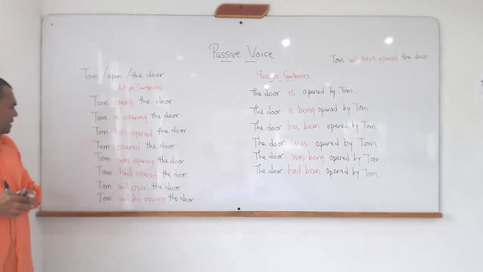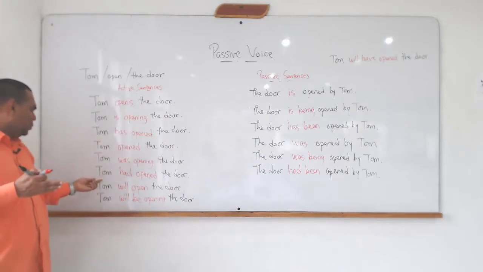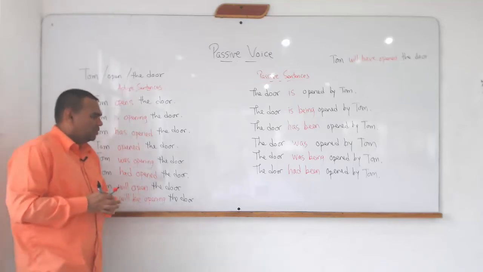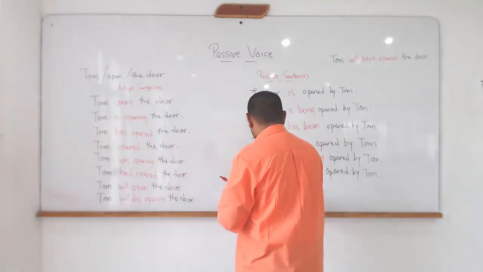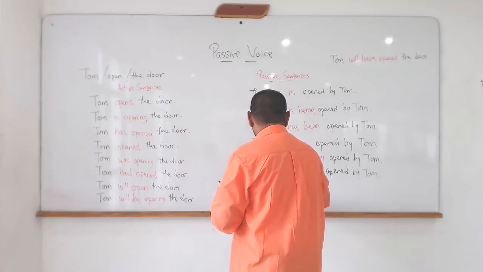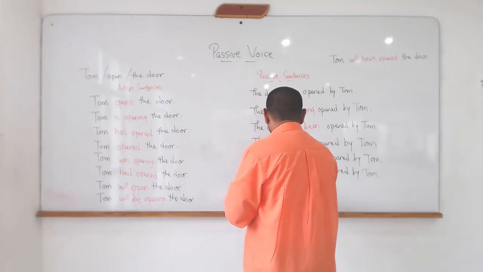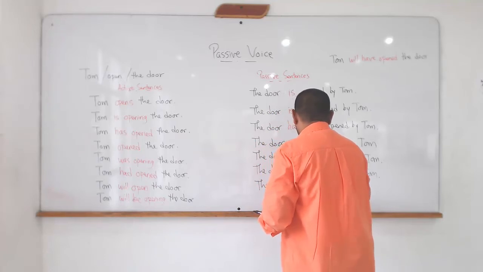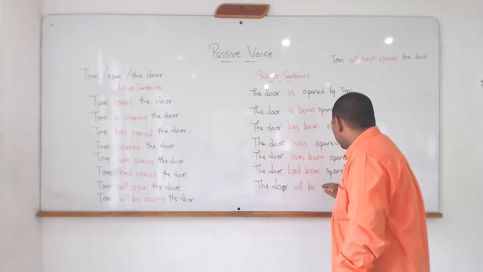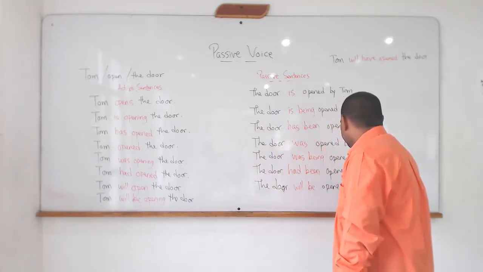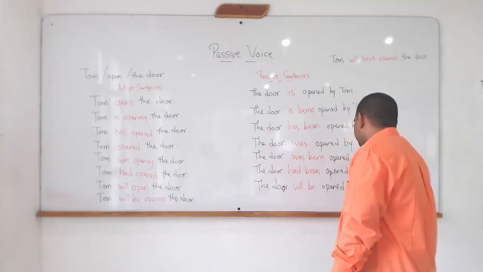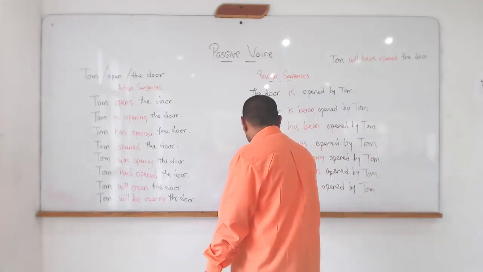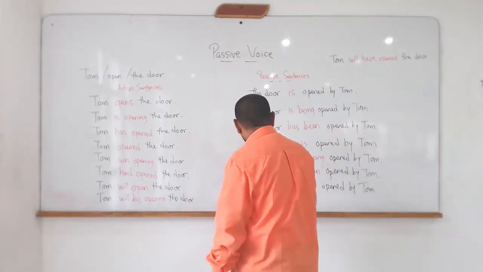Right? Okay. Now let's go with the future, or to the corresponding future structures. Tom will open the door and we will say, the door will be opened by Tom. The door will be opened by Tom. The next one, future continuous.